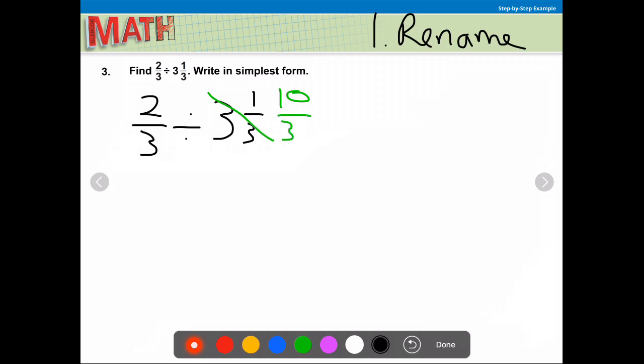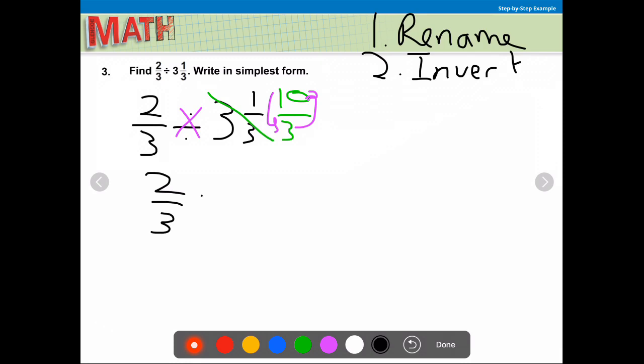Then my step 2 is to invert. So I'm going to put the 10 on the bottom and the 3 on the top, and change this to times. And I've got 2/3 times 3/10.